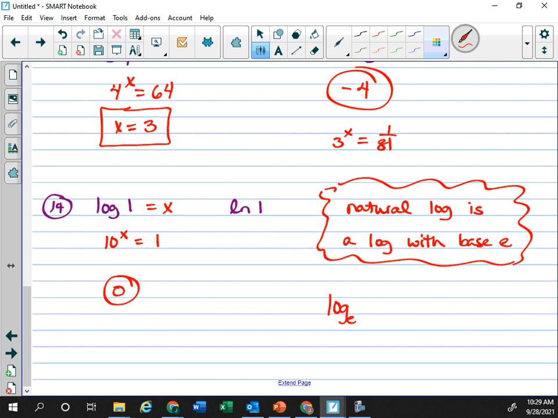If you're doing that, definitely not. Don't write that notation. It's got to be natural log, okay? Why the L comes first in natural log, I don't know. It just does.